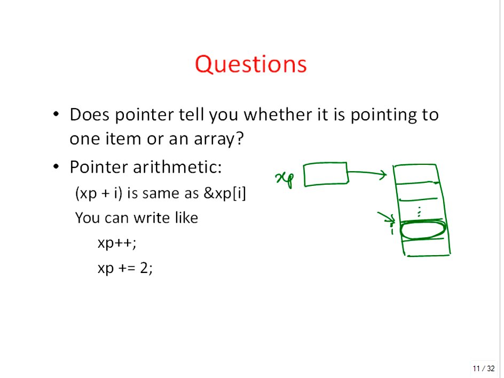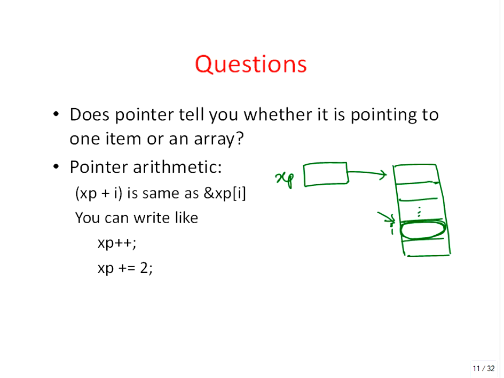You have a few other notations: xp plus i, which is equivalent to this, and more interestingly, you can write xp plus plus, xp plus equal to 2, and all that.